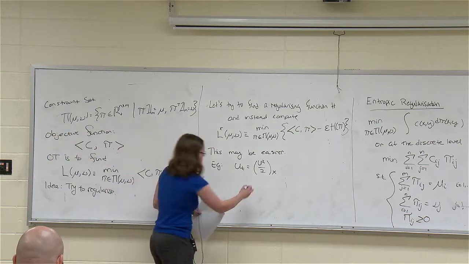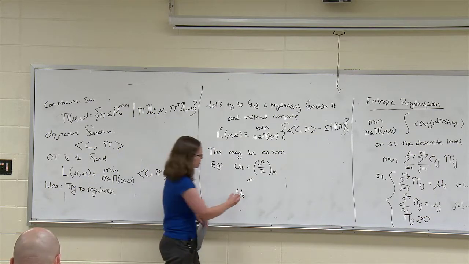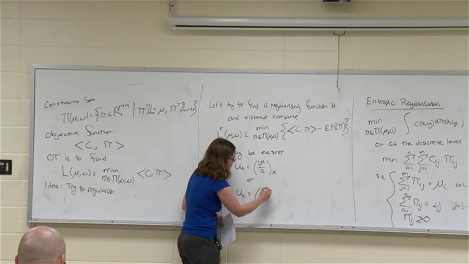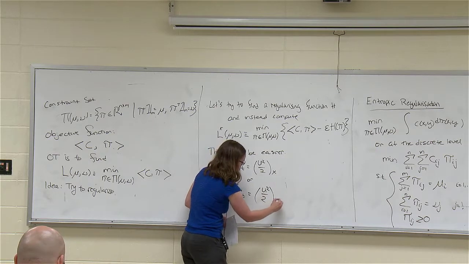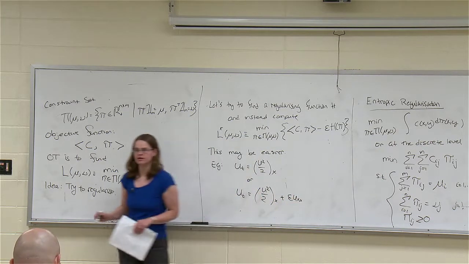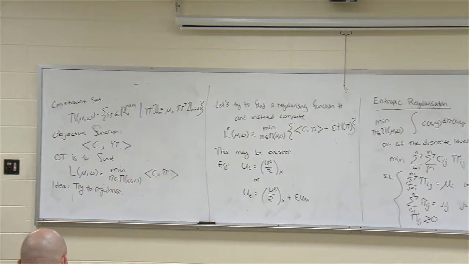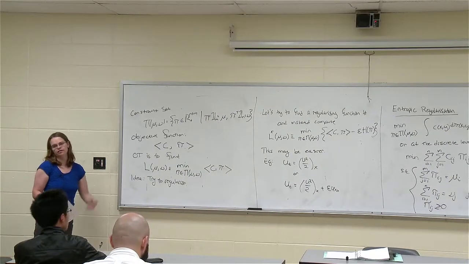Or we might say, let's add some kind of regularizing term that makes things nicer. For example, let's add a little bit of viscosity and solve viscous Burgers instead for small epsilon. And this takes the discontinuities and smooths them out a little bit. And now life is better.